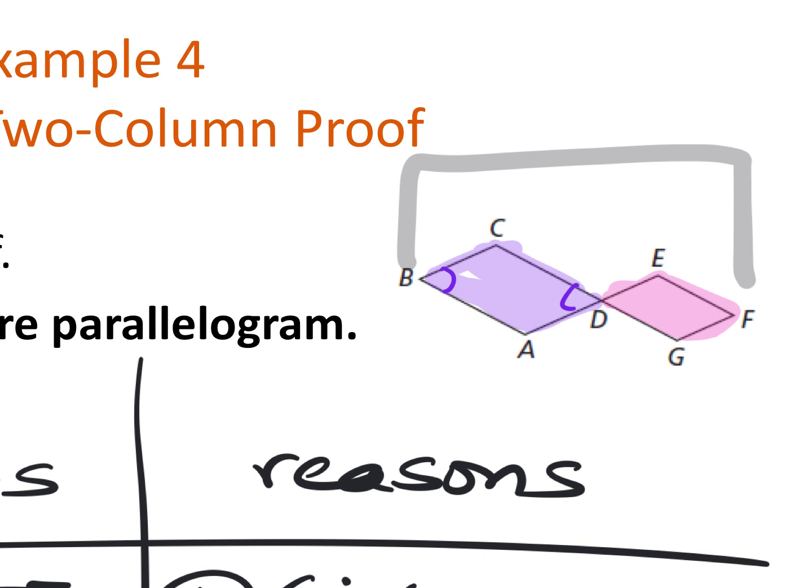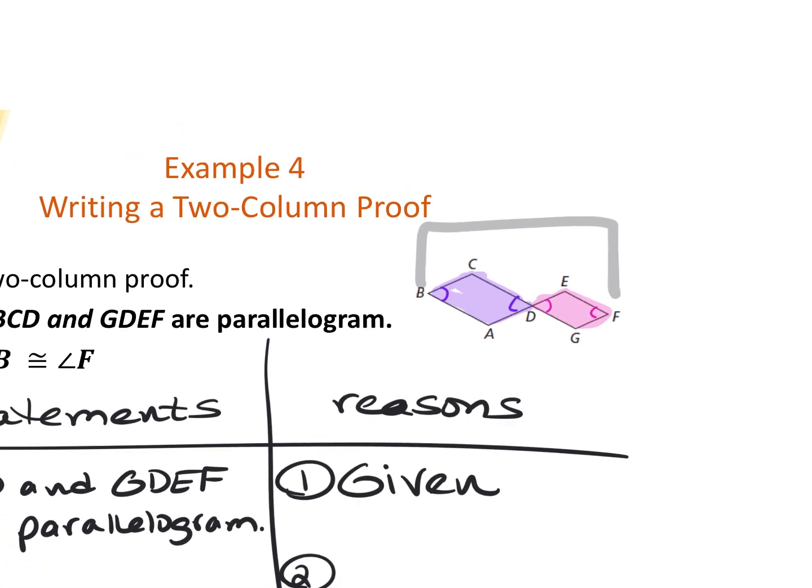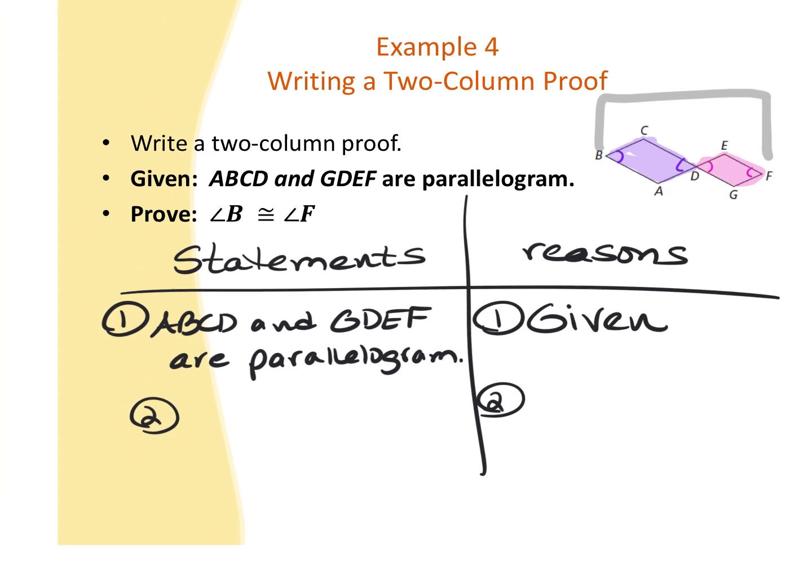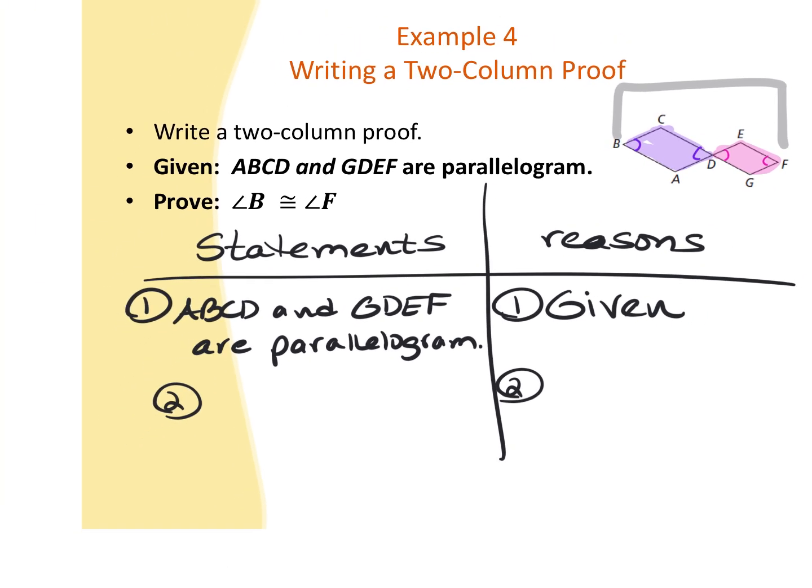And then I can also show in the pink parallelogram that angle F is congruent to angle EDG. And that's my next statement. And my reason is the parallelogram opposite angles theorem. So for the purple one, it'll be angle CDA is congruent to angle B, and for the pink one, EDG is congruent to angle F.